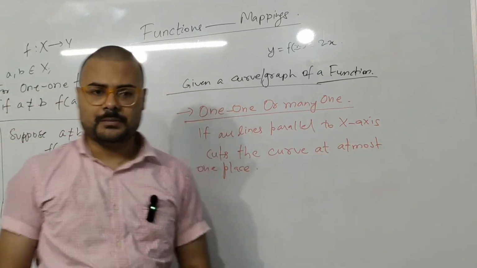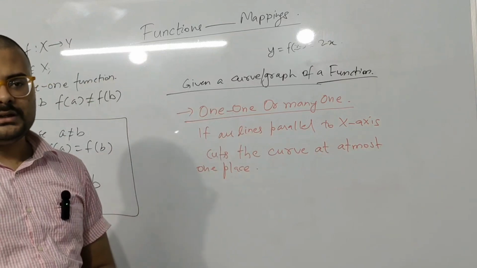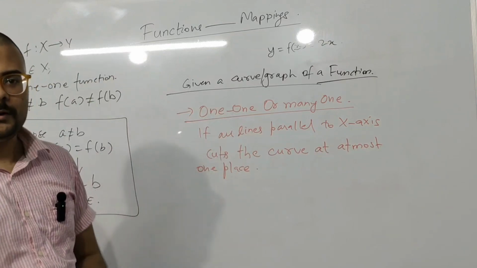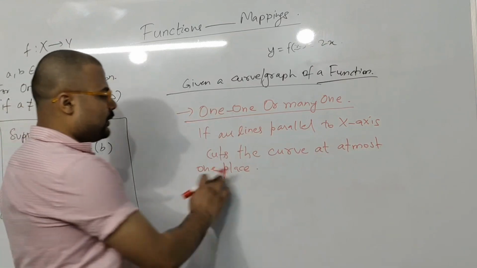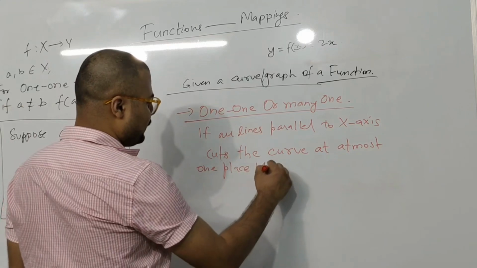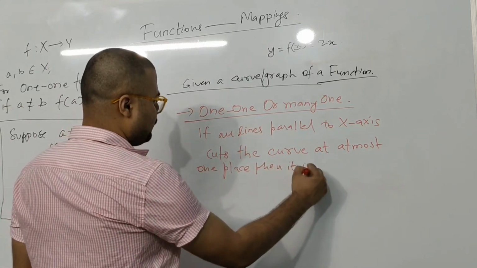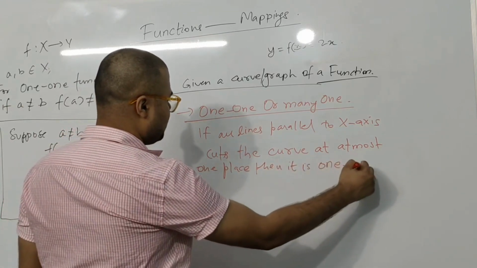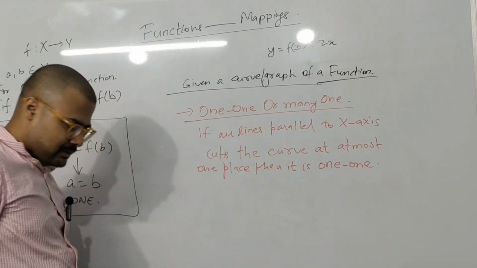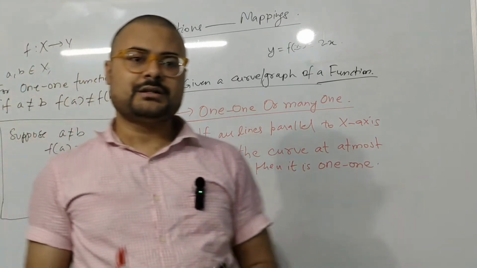Because maybe there are some elements of the codomain that do not have any pre-image. It is possible. So at most one place, then it is one-one. One-one means for different elements, different images.